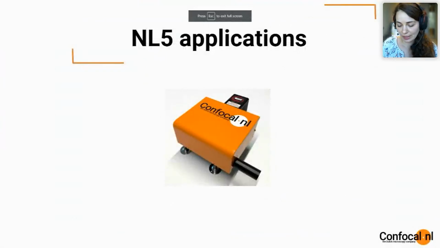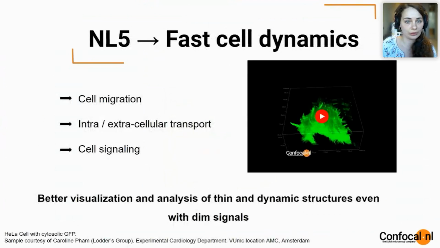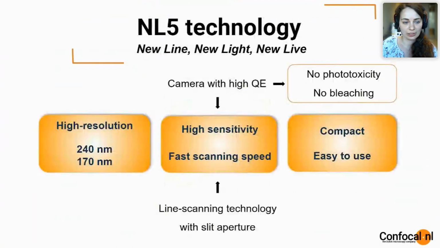So as you could see, NL5 is a really fast confocal system, which gives us high resolution, the same resolution as other standard confocal microscopes, so 240 nanometers in a raw image and 170 after deconvolution. It is a highly sensitive system due to the highly sensitive camera we use as a detector.